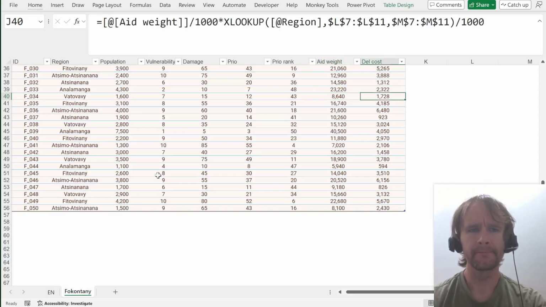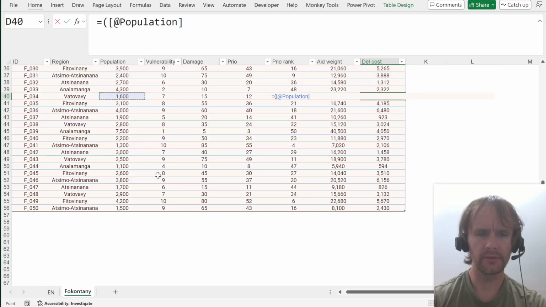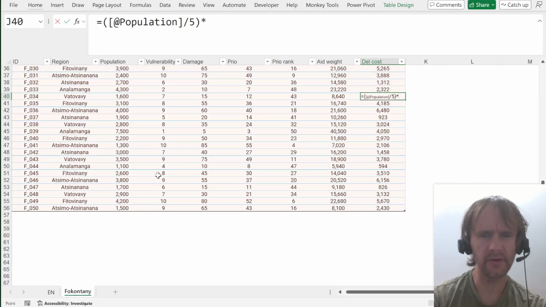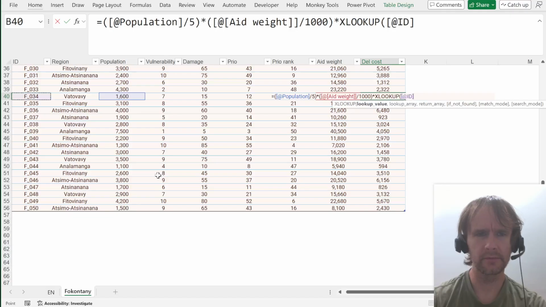All right, so we're going to say this divided by 5 times that divided by 1,000. Okay, whatever, I don't care. Times that divided by 1,000 times XLOOKUP.